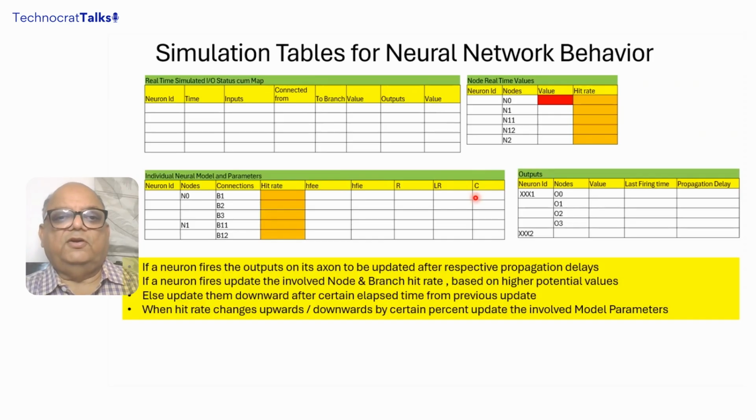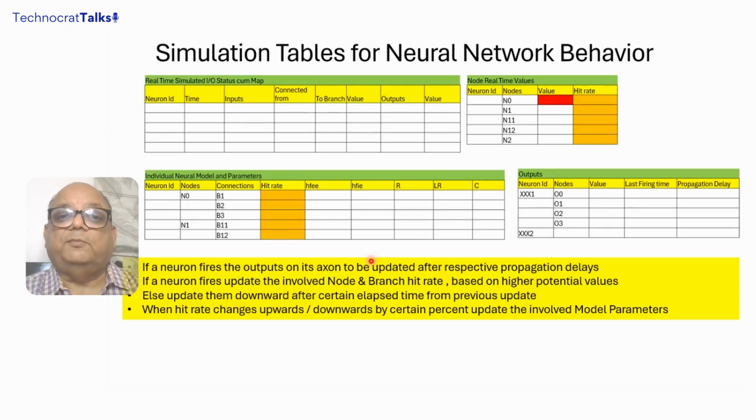If the neuron fires, the output to its axon is to be updated after the respective propagation delay. You also have to update the involved node and branch hit rate based on where the higher potential is seen. Otherwise, if they were not used and were ineffective, then you have to degrade them.